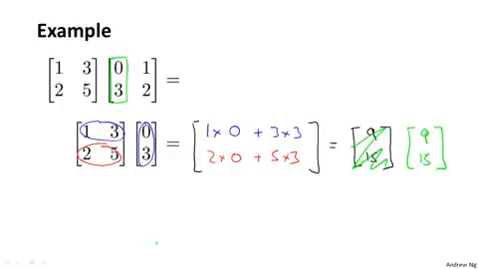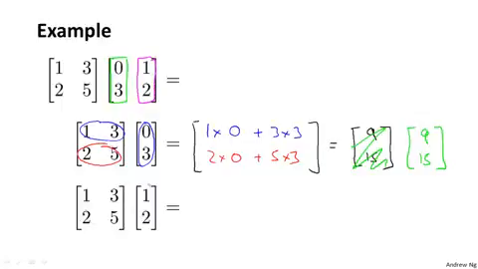And then next, I'm going to pull out the second column of this and do the corresponding calculation. So that's this matrix times this vector 1 2. Let's also do this quickly. So that's 1 times 1 plus 3 times 2, that was that row.